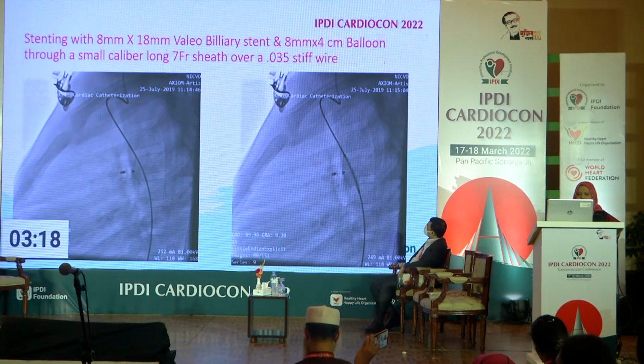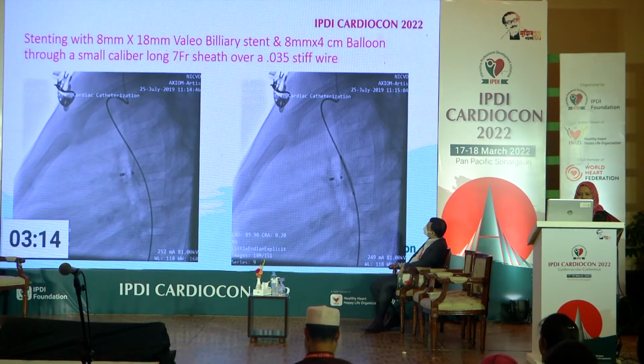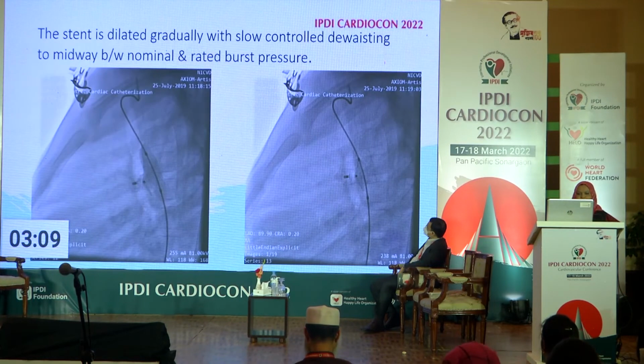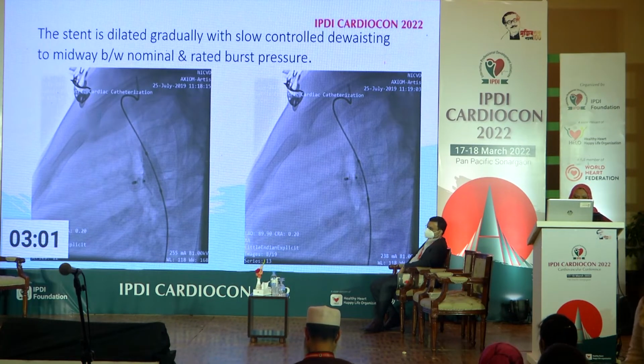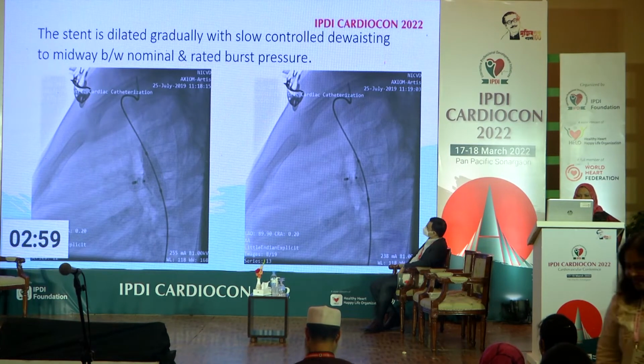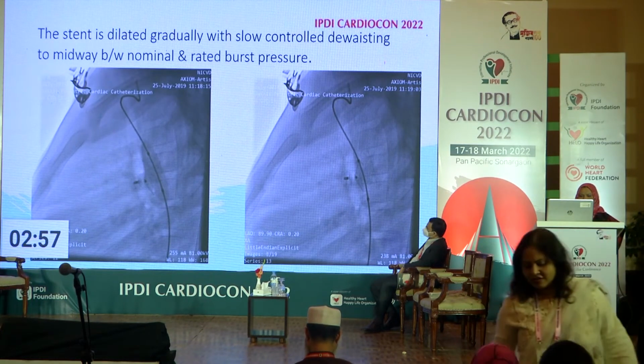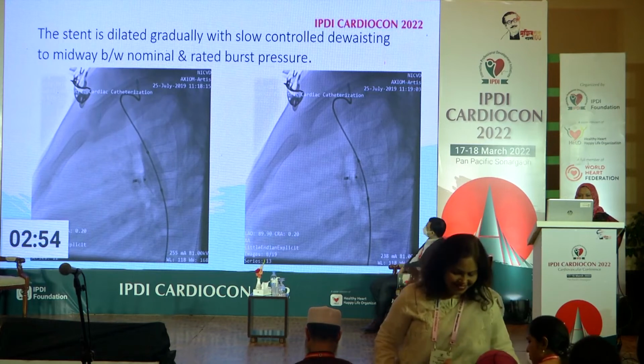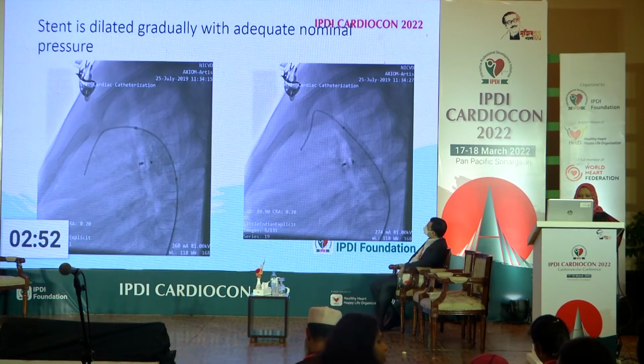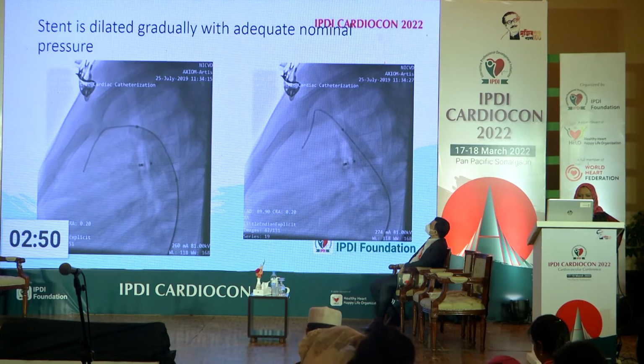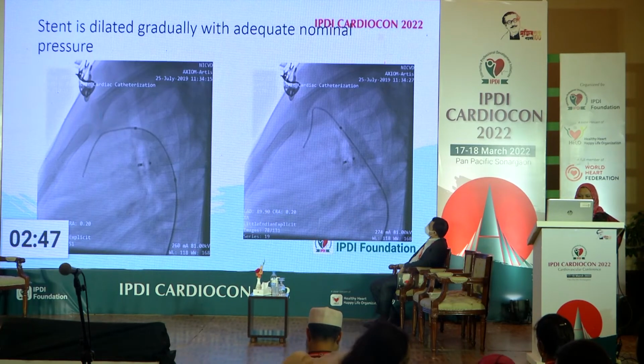This is the image showing the balloon stent assembly placed opposite the narrow segment. And then the stent is dilated gradually with slow controlled inflation with a low nominal pressure, until deflation of the center of this balloon.